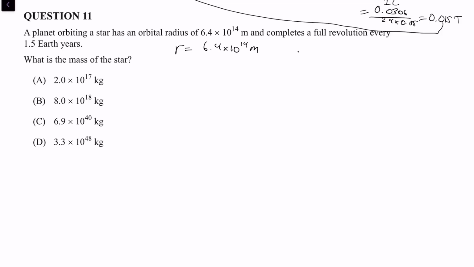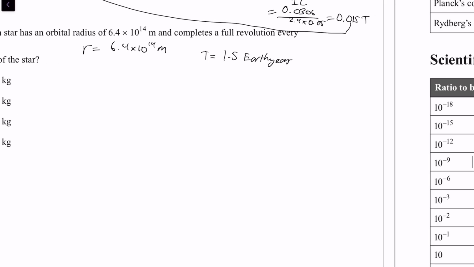So that's a period, which, if you look at your definitions in the glossary, has capital T as a symbol, and it's in seconds. Okay, so Earth years. Just making a side note here, 1 year equals 365 days.